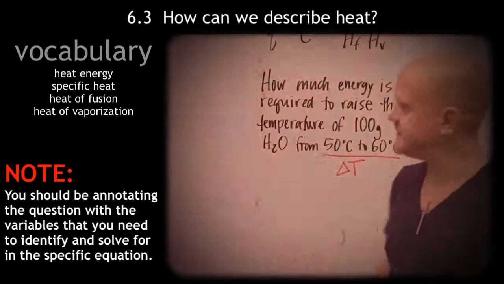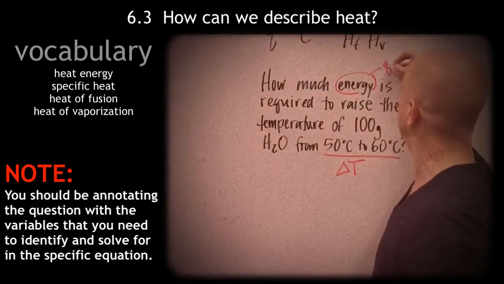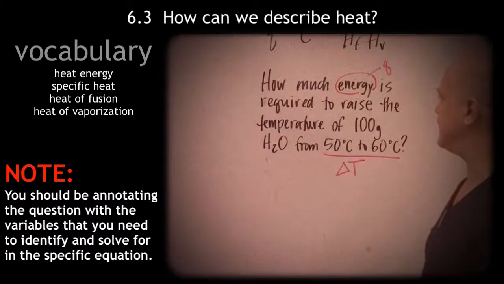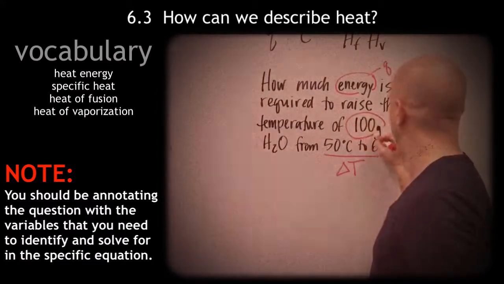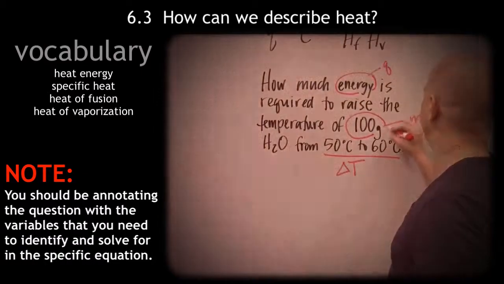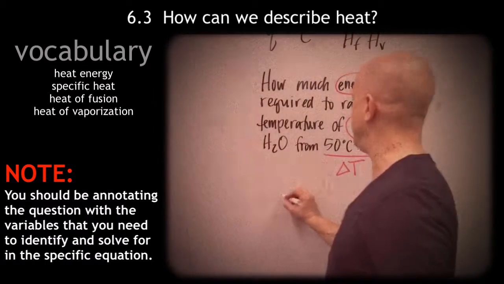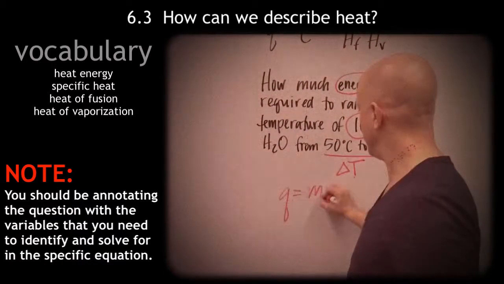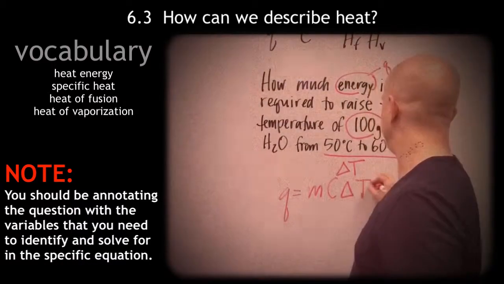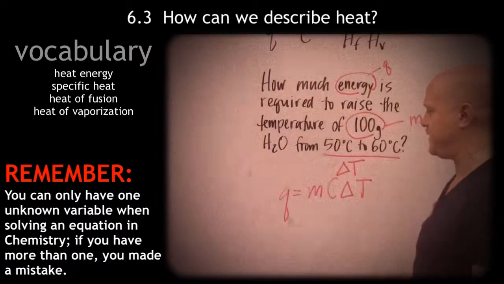Now, if we look, it says how much energy. Right here, I know the energy is Q, delta T. Now, I also have this value, which is mass. Okay? So I have most of these values. I'm going to be using the equation Q equals MC delta T. Q is my unknown because it says how much energy.